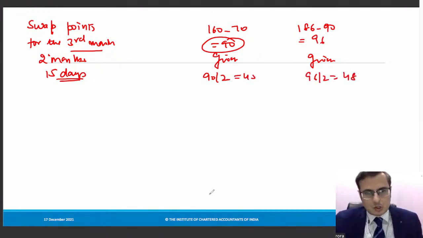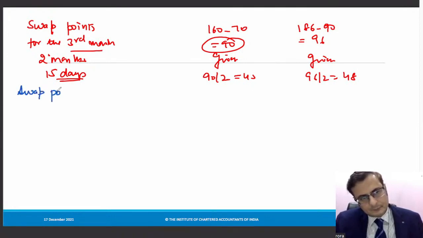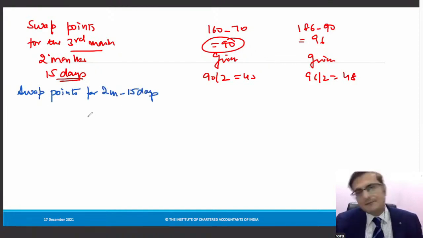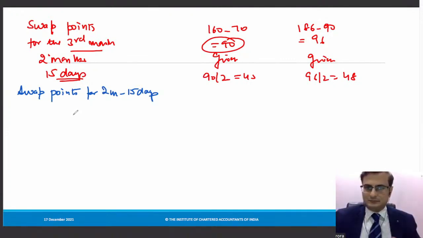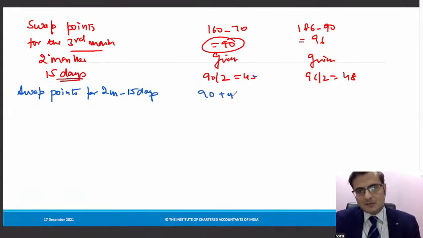Okay, so now the swap points for 2 months and 15 days will be what, beta? Can you calculate? Do you have the question with you? So 90 plus 45.